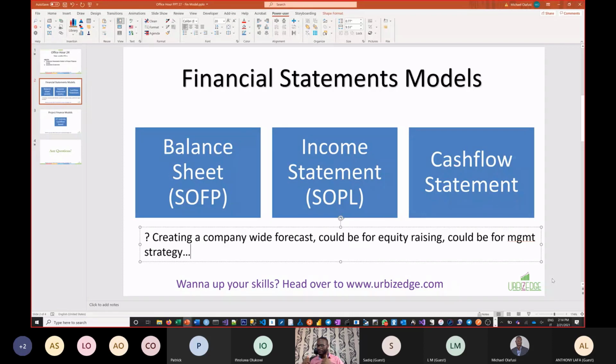So you see, a financial statement model is the right tool to help capture those kinds of dynamics, right? So is that clear? Now let's talk about what is even a project finance model.